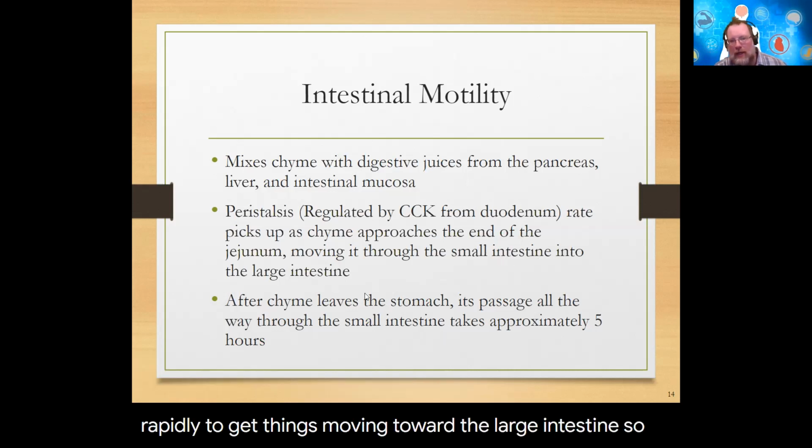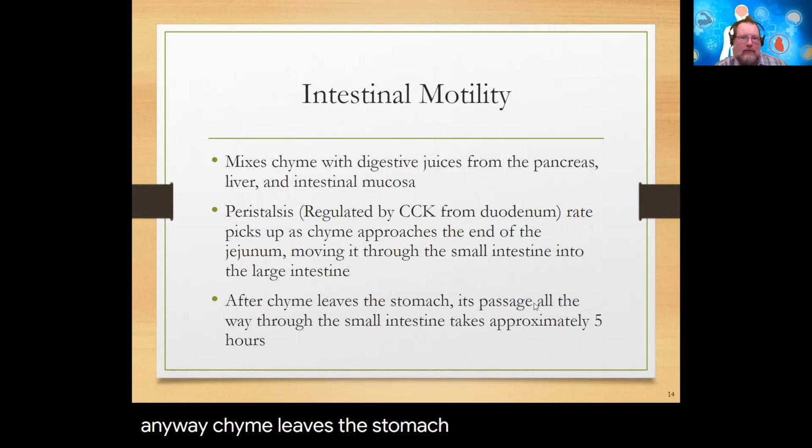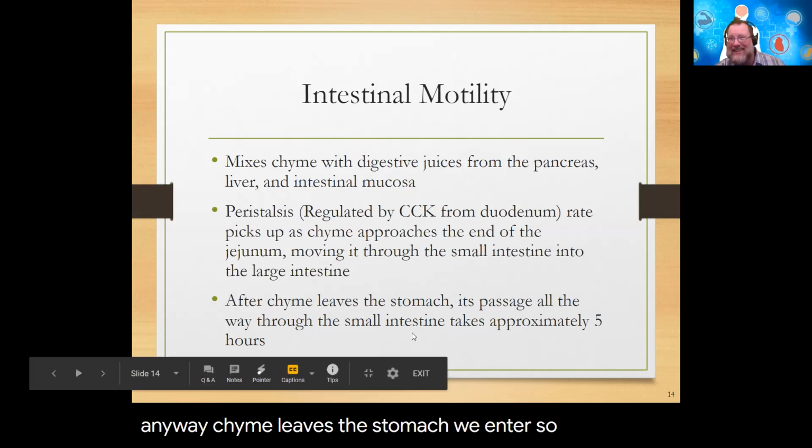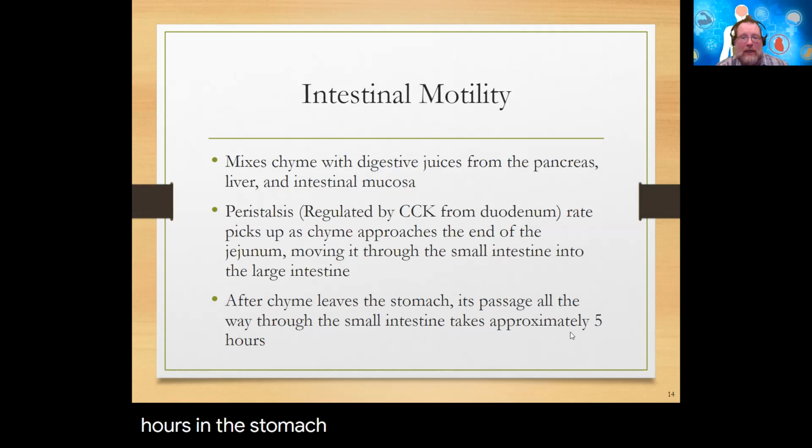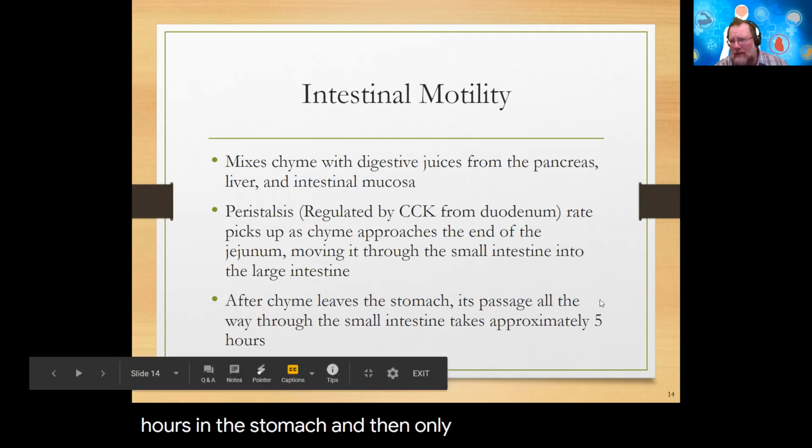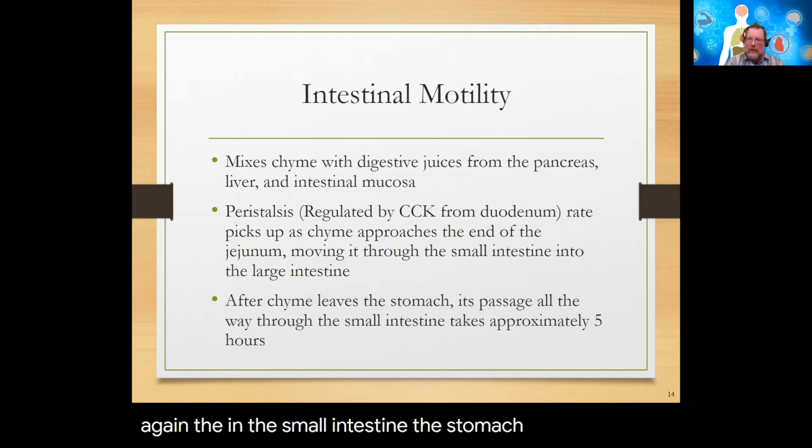So anyway, chyme leaves the stomach. We have 2 to 6 hours in the stomach, and then only about 5 hours in the small intestine. From entry to the stomach to exit of the stomach, you're talking maybe a foot and a half at the most.